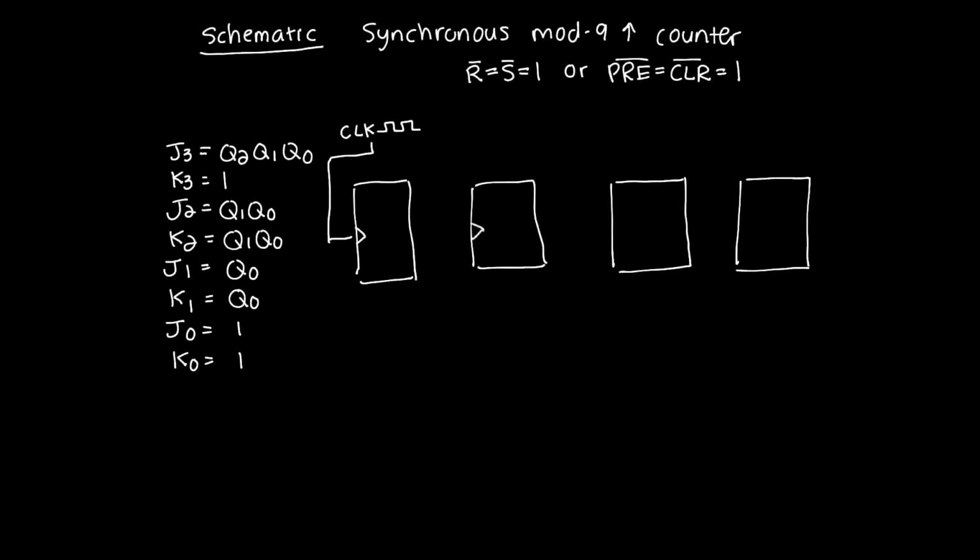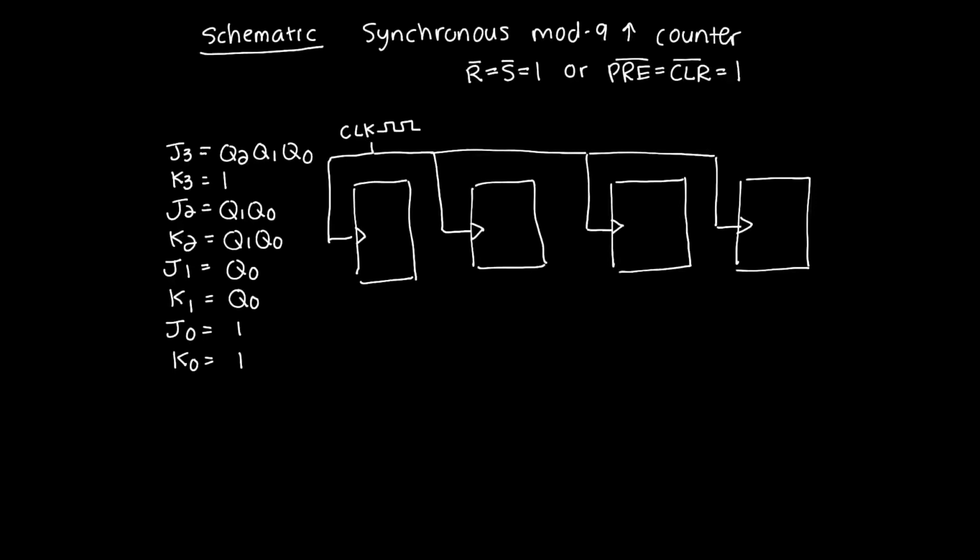And for fun, let's leave them positive edge triggered, because I want to show you that actually does not make a difference. In a synchronous counter, the edge triggering of the clock is irrelevant.